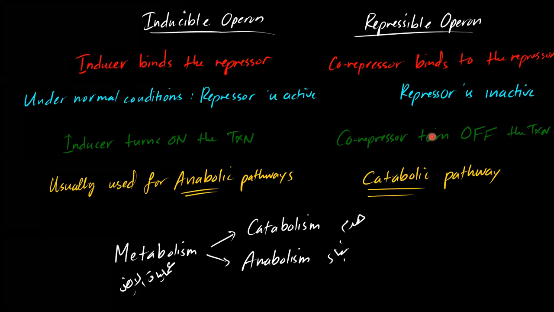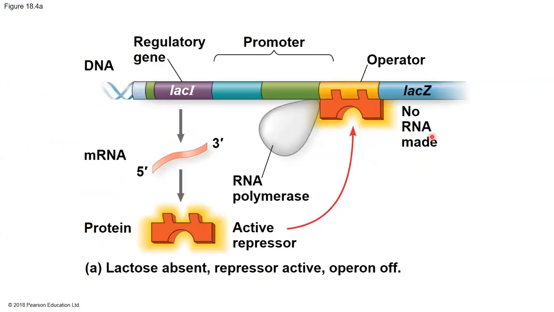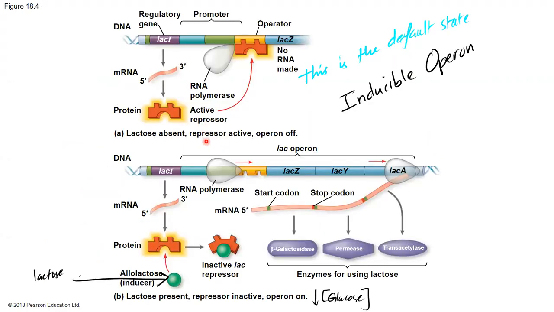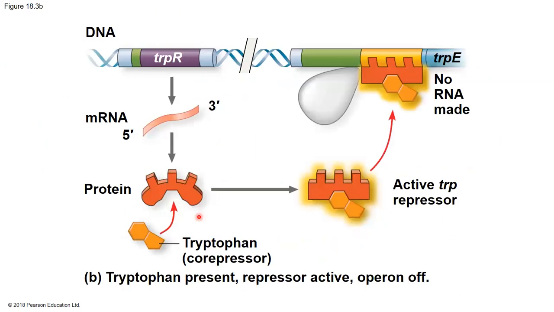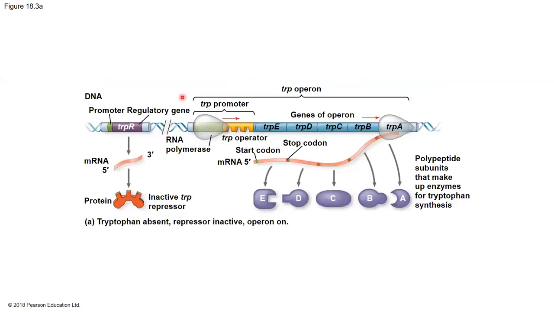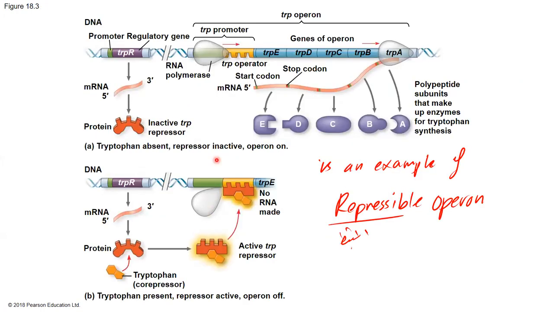So remember, in the lac operon, the lactose is split or catabolized into glucose and galactose. So this is catabolism. In the trp operon, we have several enzymes. Let me go back to this slide.